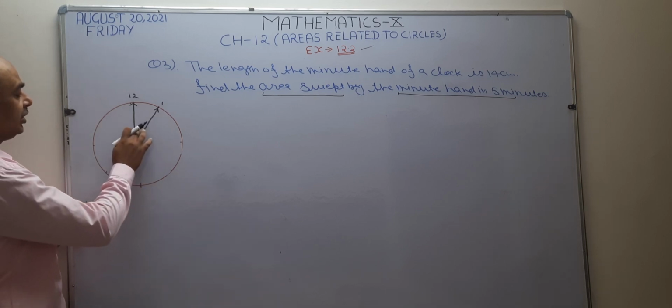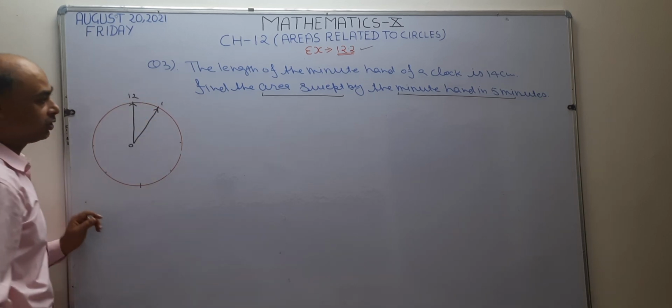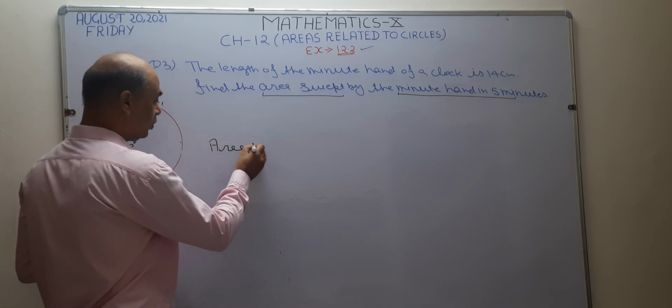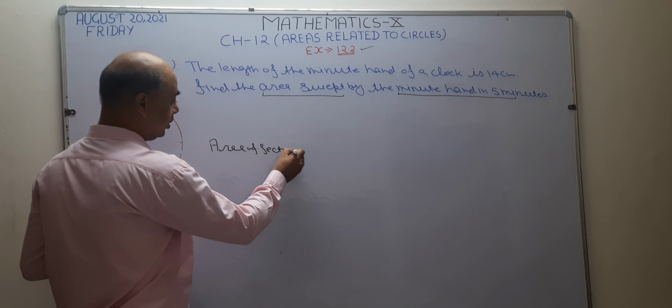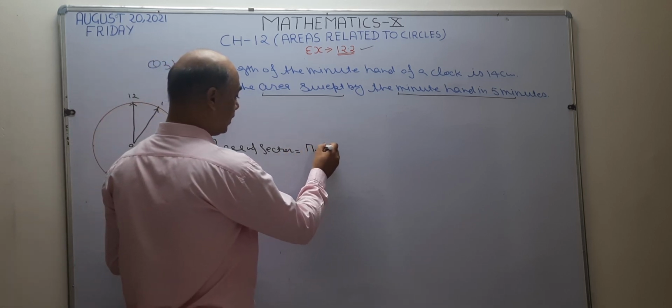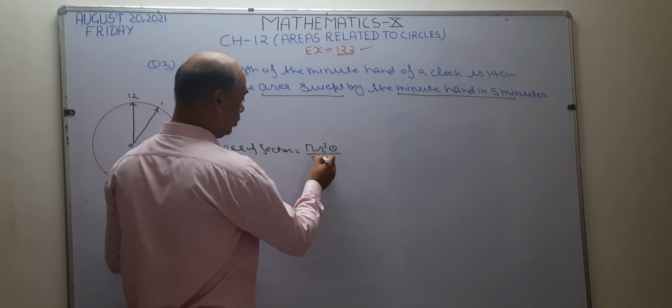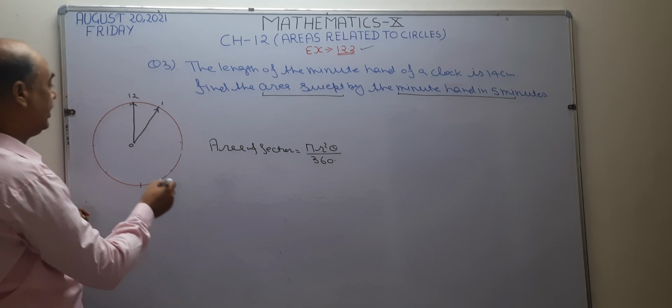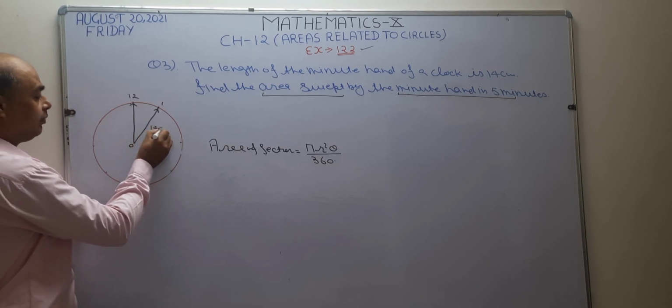So how you are going to find the area of sector? Okay, so write here area of sector. How you find the area of sector? You know formula, pi r square theta upon 360 degree. Okay, in this question the length of minute hand is given, which is 14 centimeter.